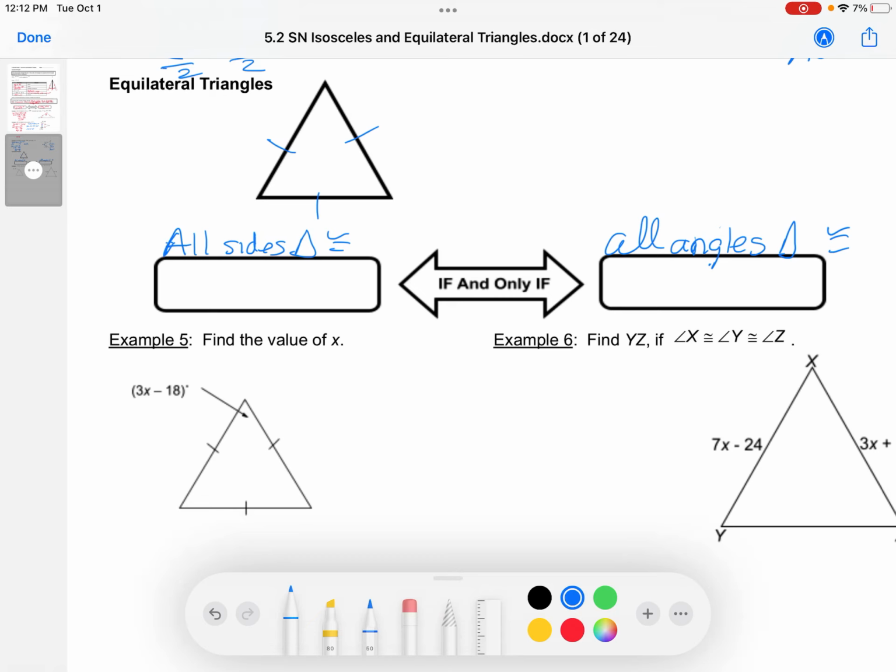A triangle is equilateral if and only if all angles are congruent.